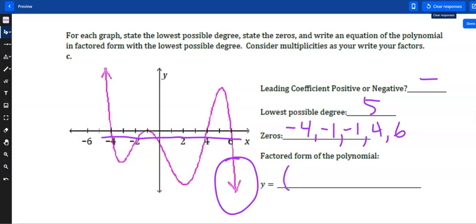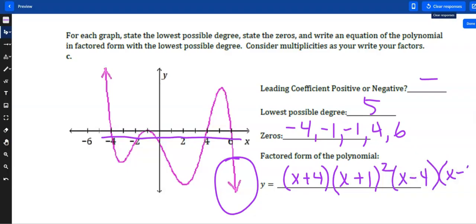So we've got x plus 4, x plus 1 squared, x minus 4, x minus 6. And don't forget the negative out in front.